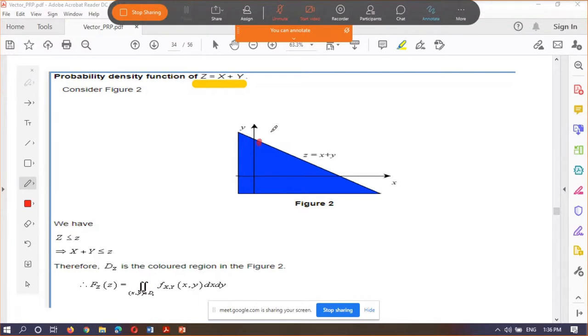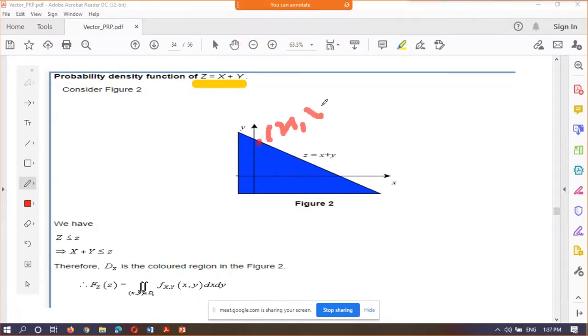If this is some point with values x and y, then I can calculate that the value of z is x plus y. So z is not any plot value here; z is some fixed value, x plus y. So this is your y and this is your x. You added them, and whatever you get, this is your z. This is the way we define our Z.